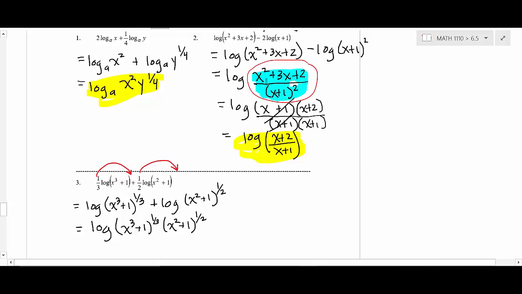Is there any way to factor and simplify that? If you end up with a fraction, you want to see if you can reduce that fraction. In that case, it's factoring and reducing. In this case right here, there's nothing you can do. You could change that to a 4th root of y, but you don't have to. So you're just looking for anything that cancels or factors. But once you get to one log, then you're done. Okay, that's the idea.